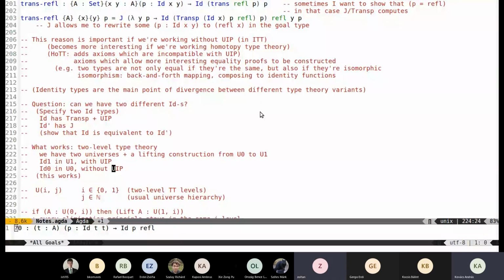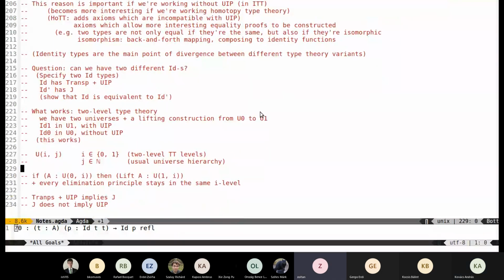So the difference, just to clarify what Andreas said: if you have a type theory that has an ID with transport and UIP, and another type theory that has J on its identity type, then they're not the same type theory.